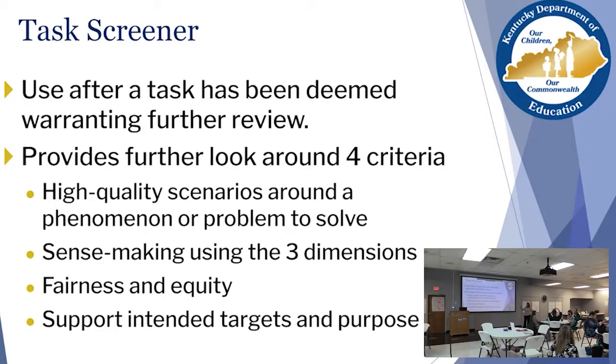So this afternoon, we're going to use the screener, and there's 4 main categories. One is on phenomena, one is using the 3 dimensions, one is on fairness and equity, and the last one is getting to purpose, which we also talked about. Let me share right now that many tasks, if you ever used a screener, many tasks, like most of them, will not do very well here with fairness and equity.